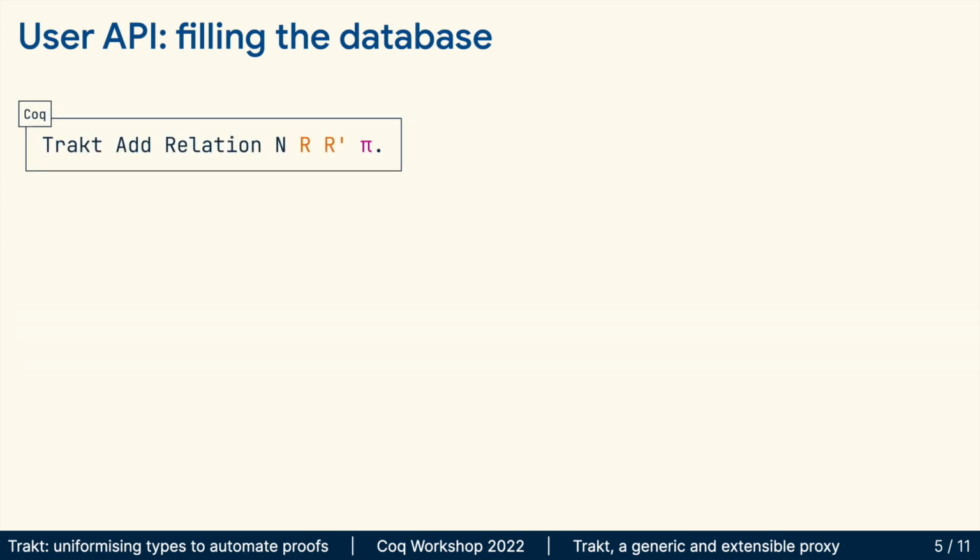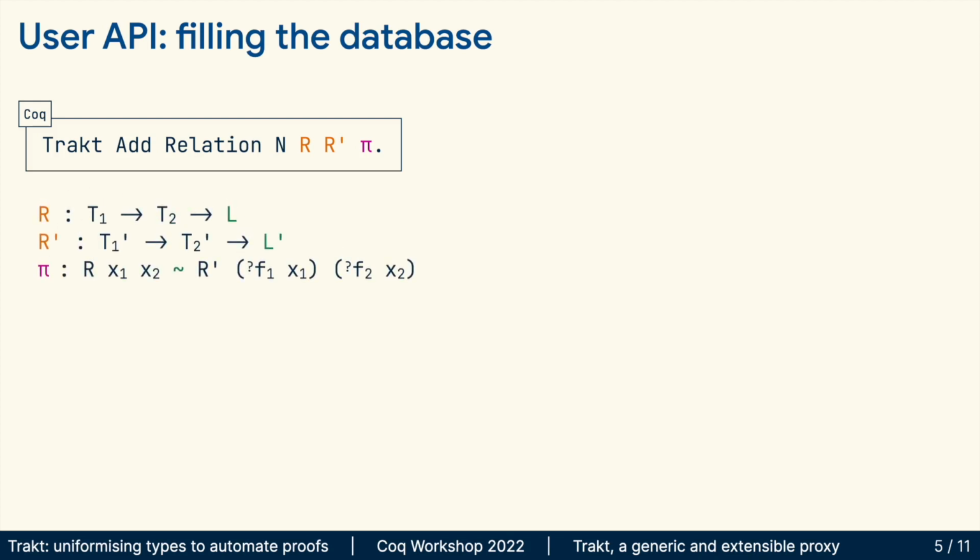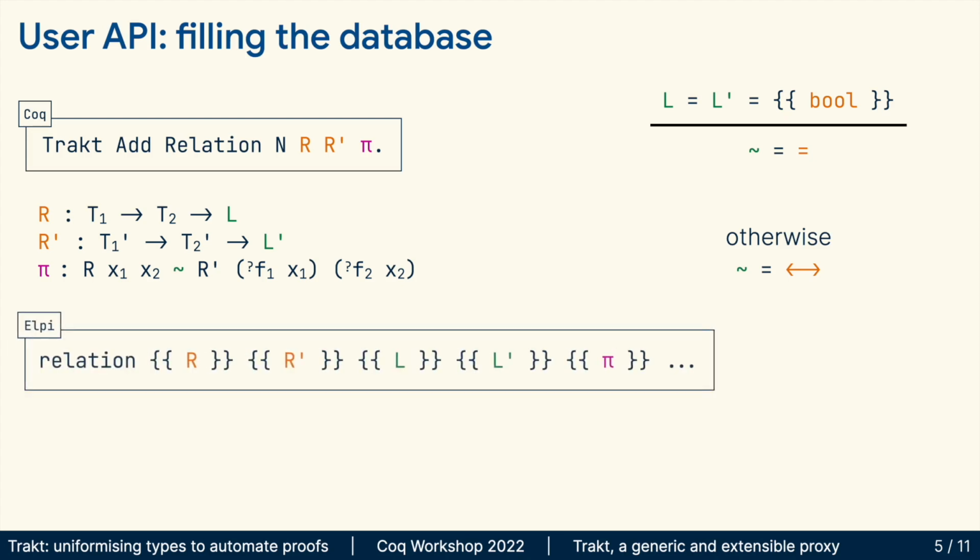For relations, we add arity as an argument, and we have to make sure the logic is consistent. So if a relation is in bool and the other is in Prop, we need to use an equivalence and add equals true to one of the sides. And if both are in bool, then we can use the equality directly in the proof.